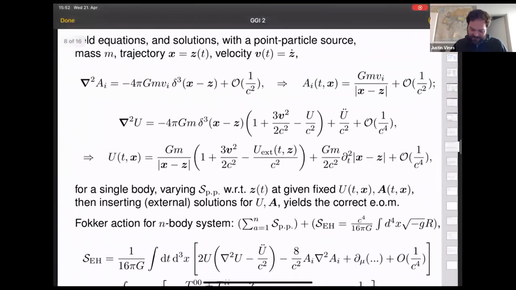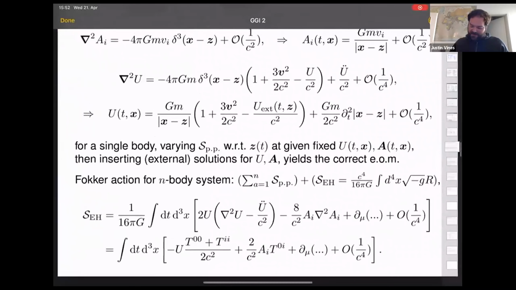Instead, it makes sense that the total action for an n-body system is not just the sum of these point particle world line actions, but also plus the Einstein-Hilbert term.